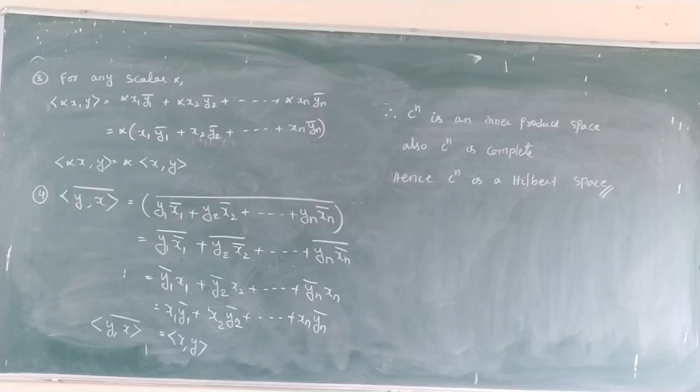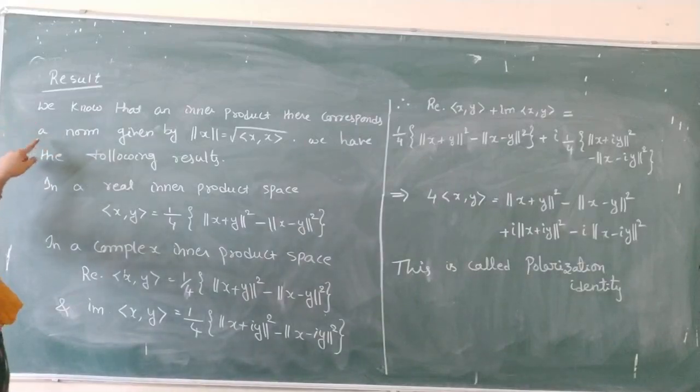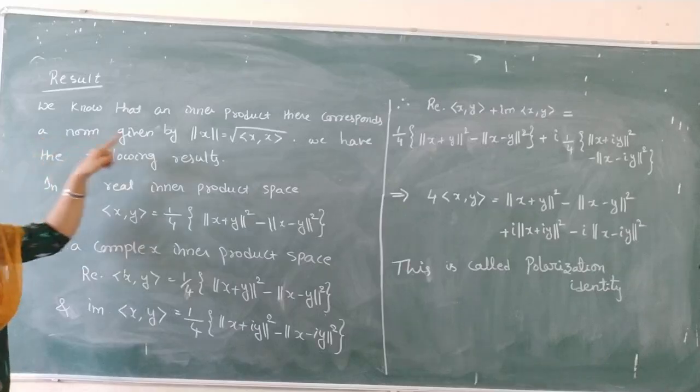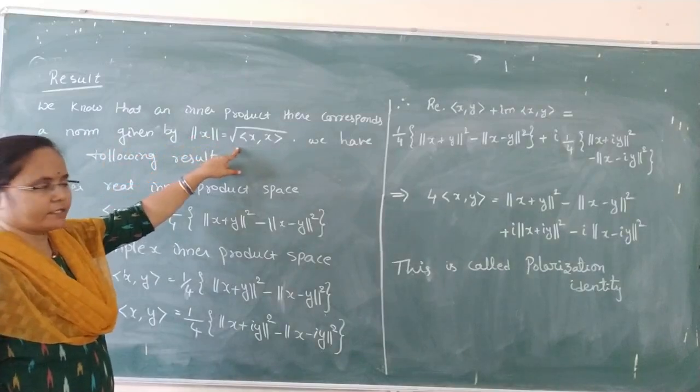Next I would like to explain one result. From that result we'll get the polarization identity. Okay. Our next result: we know that an inner product corresponds to a norm given by norm x is equal to square root of inner product x comma x.